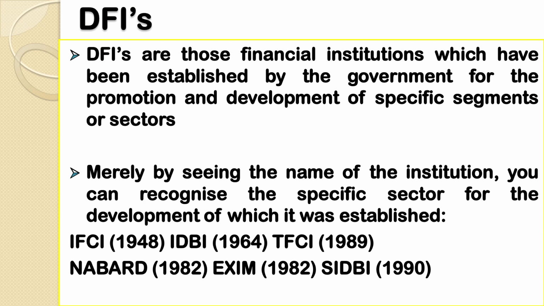In the same manner, Exim Bank was established in 1982, and the basic objective was to provide financial assistance to all those companies who are dealing in the business of export and import. Similarly, SIDBI, Small Industries Development Bank of India, was established in 1990, and its basic objective was to provide financial assistance especially to the small industries.